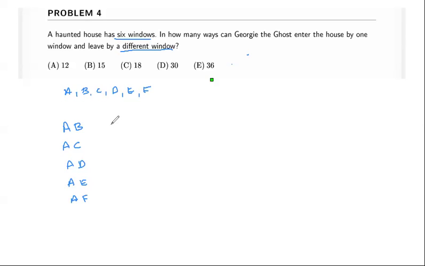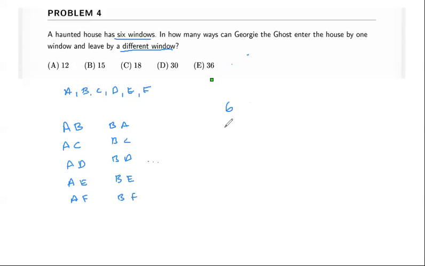I can do the same thing with B. If I enter from B, then I can exit from A or C or D or E or F. Which means for any window that we use to enter, we are going to have 5 choices to exit. So instead of just listing this way, we are going to say there are 6 choices to enter, right?